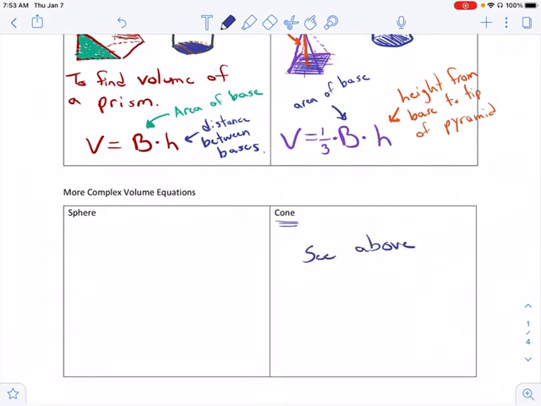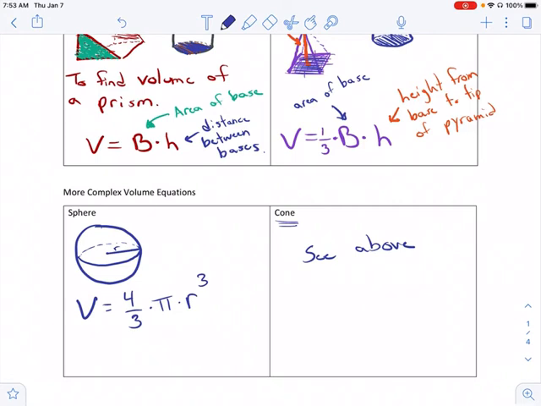The other distinction we need to make is the sphere. That's a complex volume that we still need to encounter. This is a situation where the volume equation stems from calculus, but we can apply it here with relative ease. If I have a sphere with radius r, then the volume of that shape is 4/3 times pi times the radius cubed.